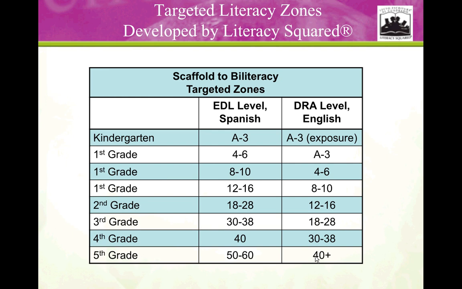What we're saying is that a child who can read a level 16 in Spanish should be working at a level 8 to 10 in English, even though their English score was a 6. Now, why do we say that? Well, that's because we already know that in Spanish they have mastered the literacy skills all the way up to level 16.